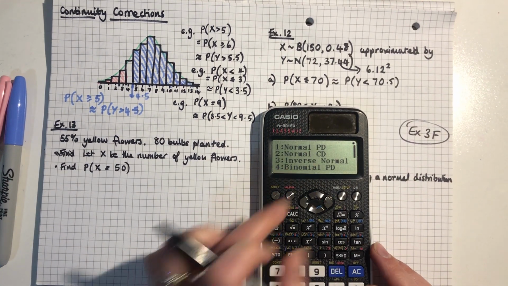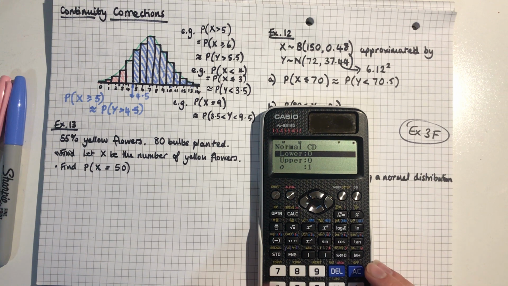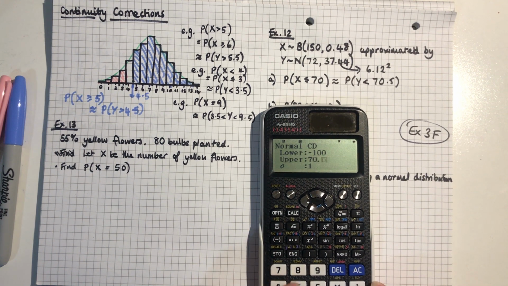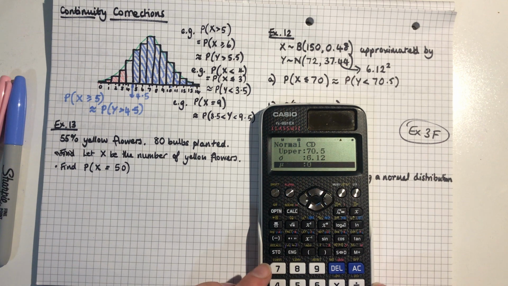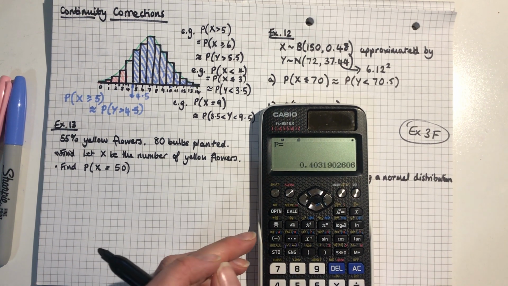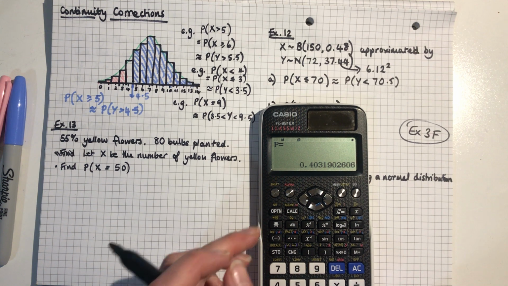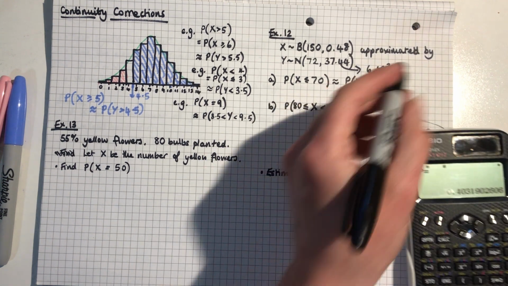We want normal cumulative, really low lower bound as always, upper bound 70.5, sigma was 6.12, mu is 72, and that gives me a probability of 0.4032.